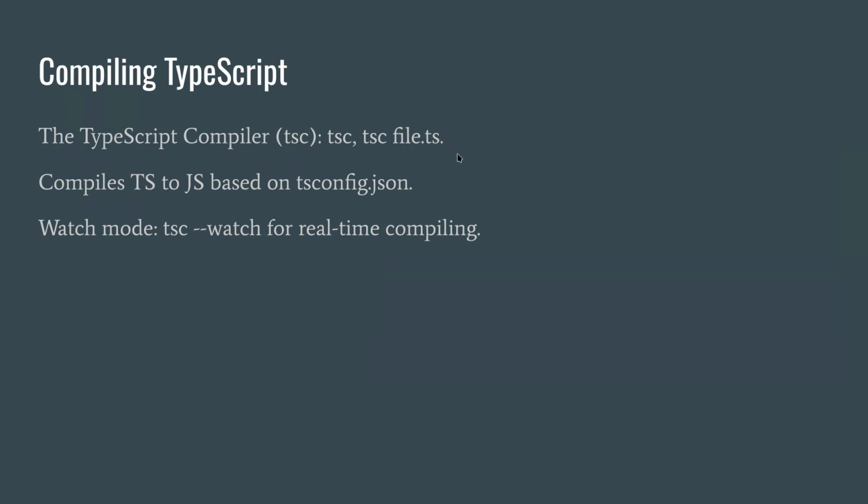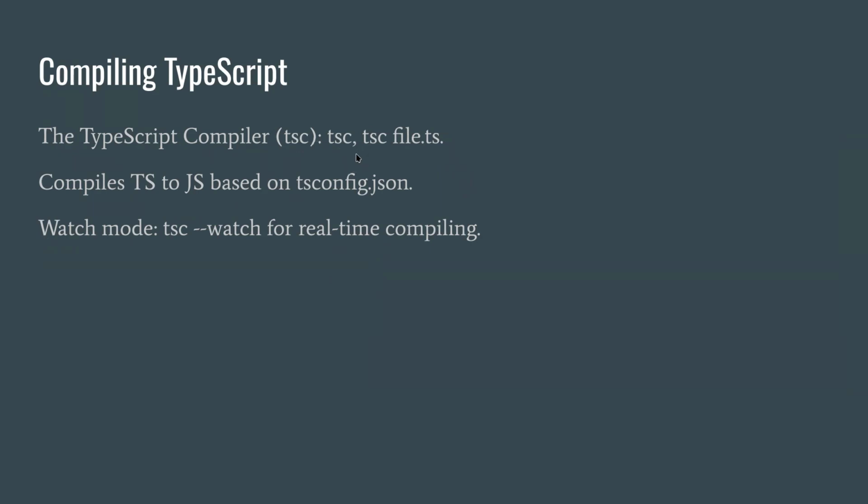Compiling TypeScript. So in order to turn our TypeScript code into JavaScript that browsers can understand, we'll need to use the TypeScript compiler. And the TypeScript compiler is also called tsc.